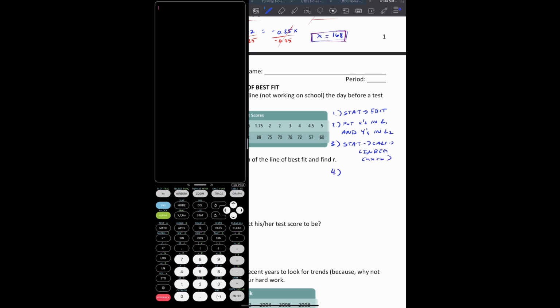And 4, write your equation of the line of best fit.